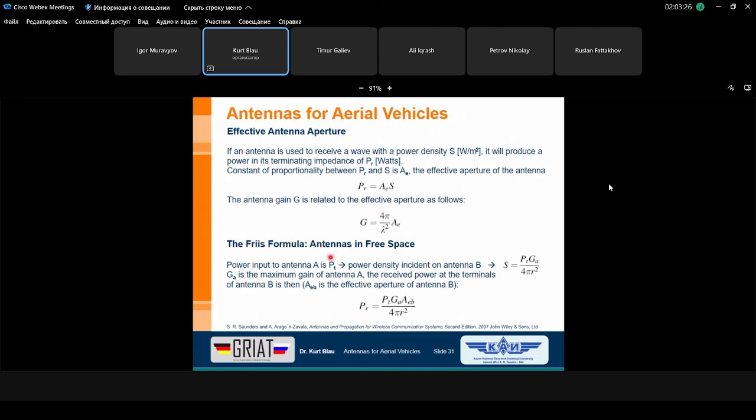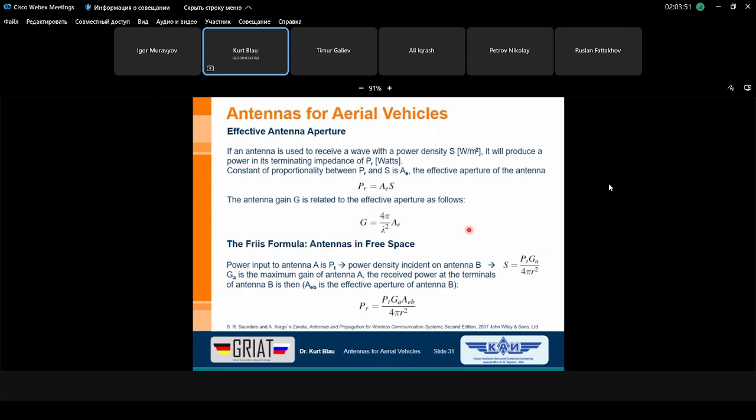What happens with an antenna in free space, either as a receive antenna or as a transmit antenna? If we look at both antennas opposite each other, in place A we have a transmit antenna, and in place B we have a receive antenna.